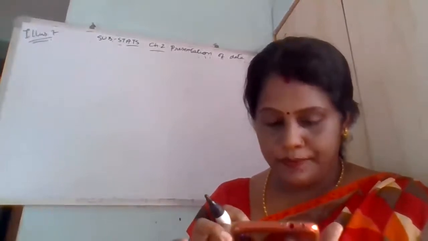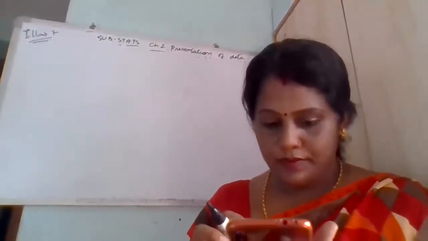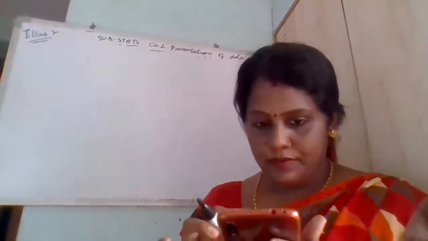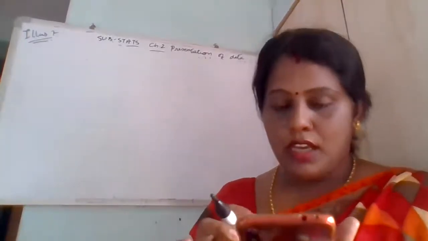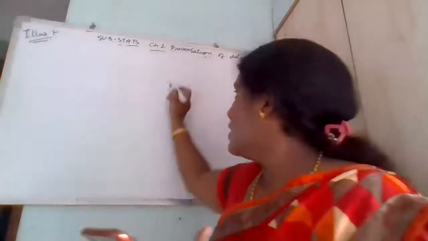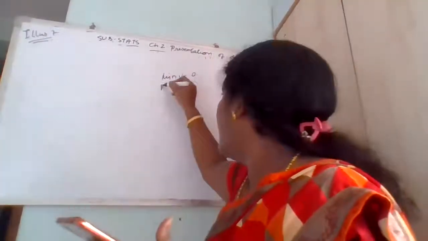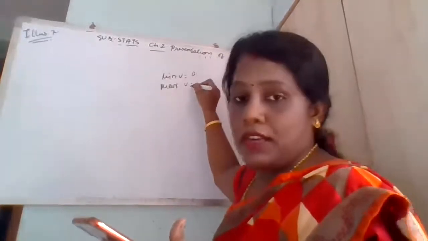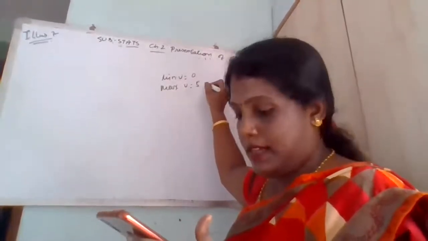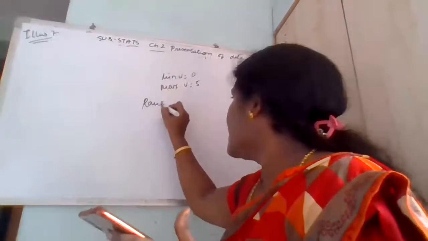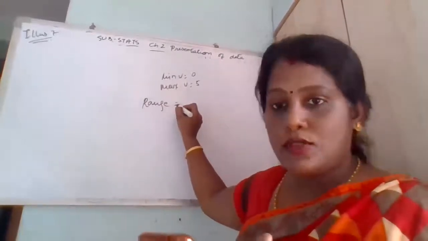According to our first illustration, our minimum value was 0 and maximum value was 5, right? So the next thing we have to find is the range.